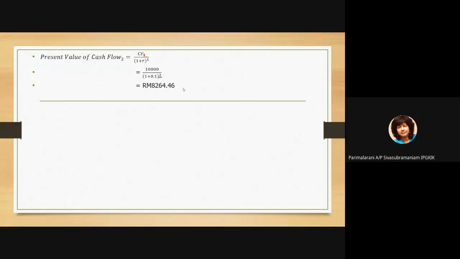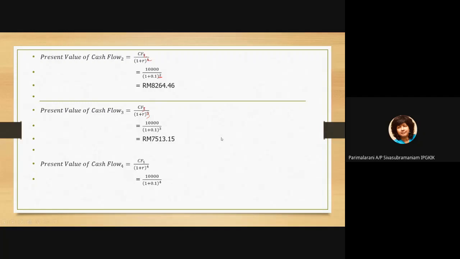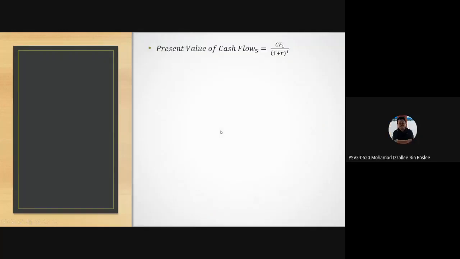Then we calculate the present value of cash flow 3: 10,000 over (1 plus 0.1) to the power of 3. The cash flows are all the same, they are all 10,000. Then we calculate cash flow 4. Altogether, how many cash flows do we have? 5. So we have calculated cash flow 5.